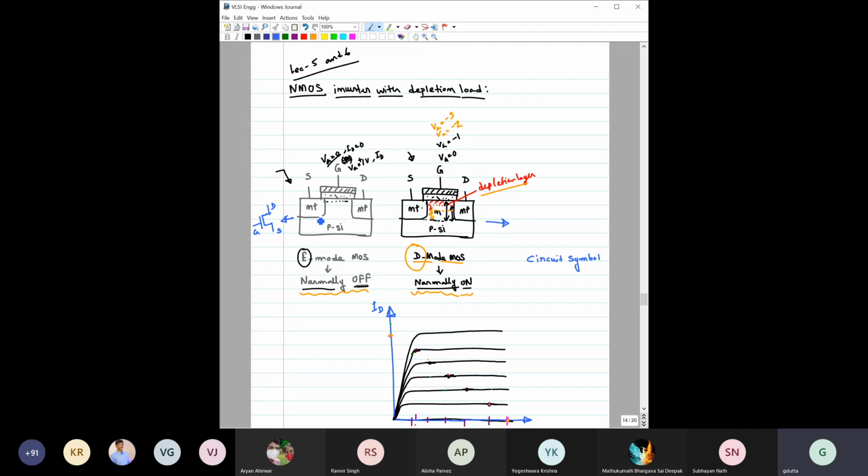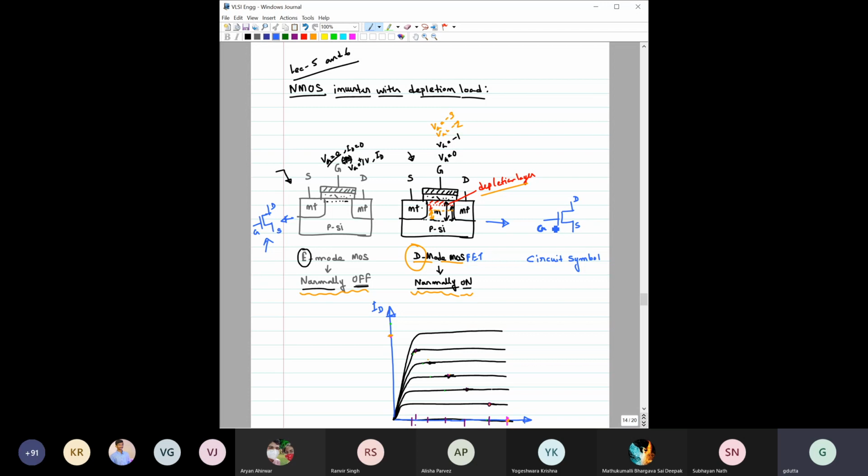circuit symbol, right? So for normal MOSFET, you know the circuit symbol is like this, right? For NMOS. The circuit symbol for this type of depletion mode MOSFET is represented in this way. This part is again the same as that of the enhancement mode or E mode MOSFET.